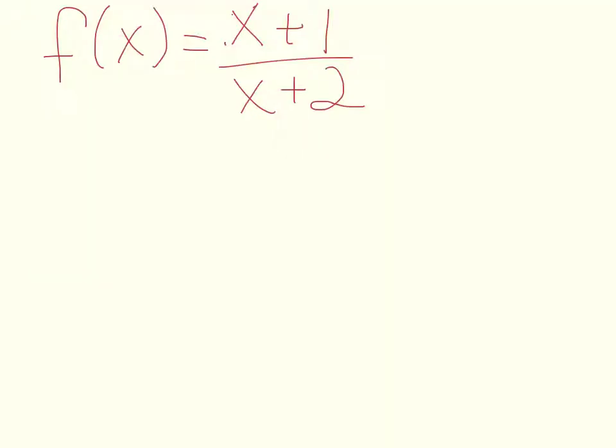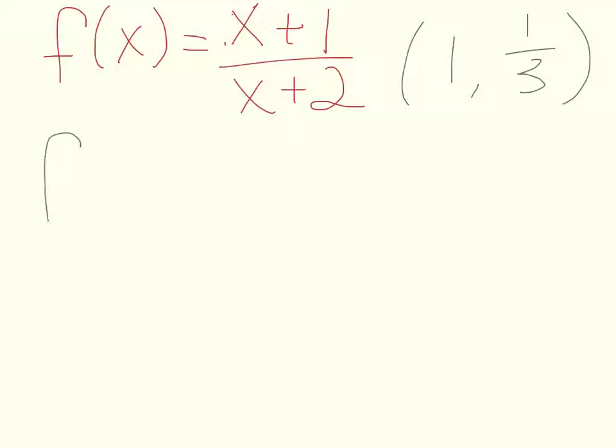Let's take this equation, f of x equals x plus 1 over x plus 2, and try to find the same kind of information that we did using the graph earlier. Let's say we take a random point, 1, 1/3. How do we know if 1, 1/3 is on the graph of this function?